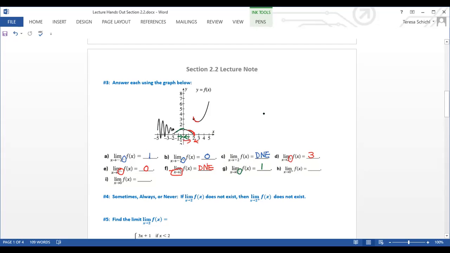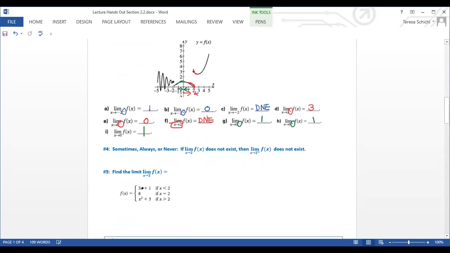What is my limit approaching? It's approaching 1. So I have a left-hand side limit equal to the right-hand side limit, so I know the limit as x approaches 0 exists. And the value is 1 here. All right, that's very good.